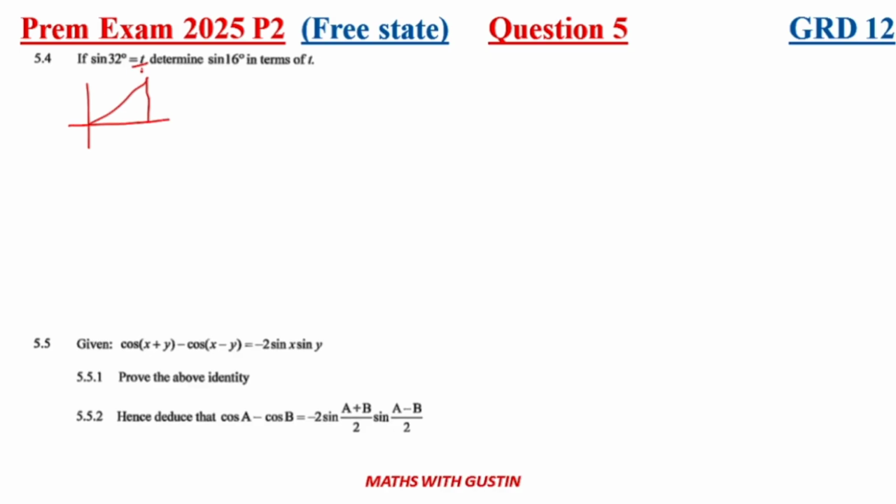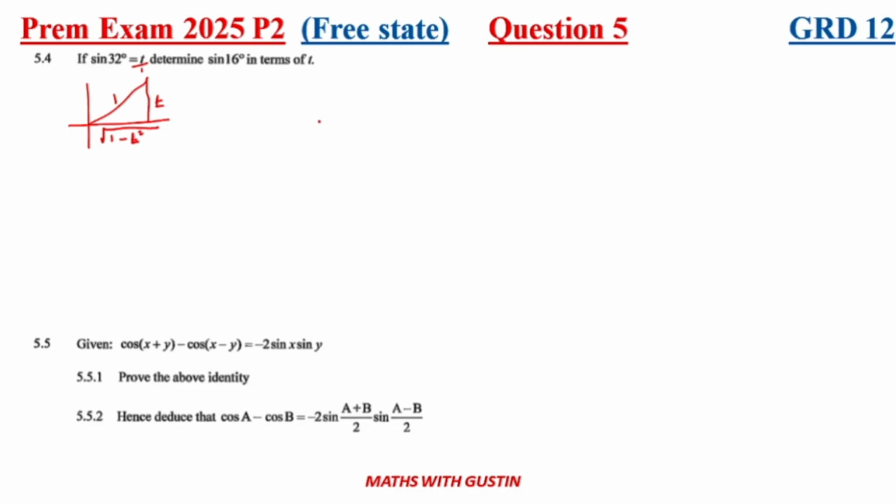So we know that this will be over 1, which is our hypotenuse. This is opposite. Therefore you use Pythagoras theorem to find out that this one here will be the square root of 1 minus t squared. Guys, I'm going to leave Pythagoras theorem to you guys. I think we've done it a lot here on this channel.